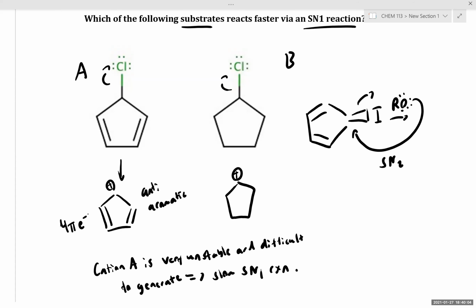So when you think about mechanisms, it's important to consider the nature of your intermediates. And aromaticity and anti-aromaticity is another part of that consideration. Does that make sense to everyone? Did that answer the question?